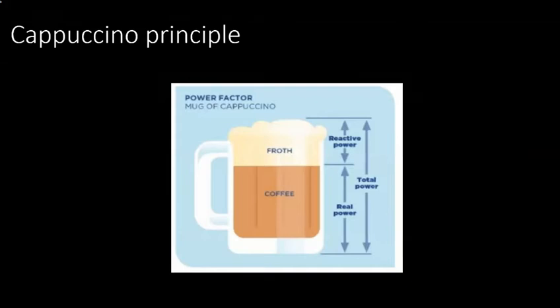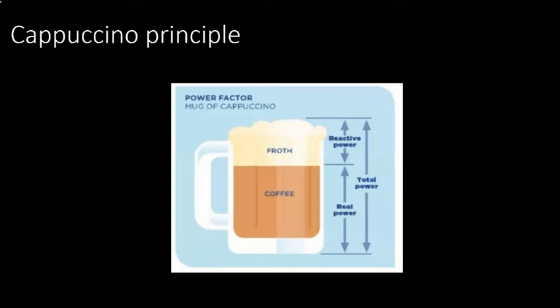And this is the cappuccino principle that I was talking about early in my session. So obviously, in a mug of coffee, there is an element of froth, and the way practical engineers look at the relationship between real power, reactive power and total power factor is the relationship between how much in a cappuccino is real coffee component and how much is the froth.